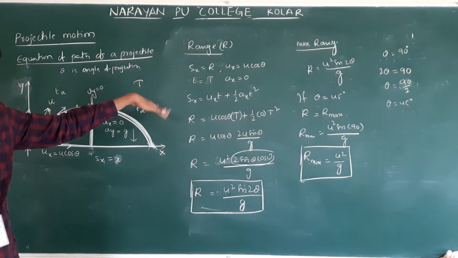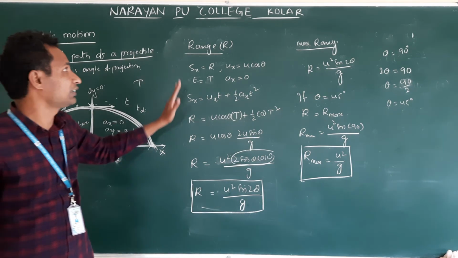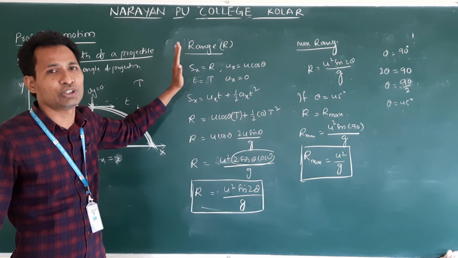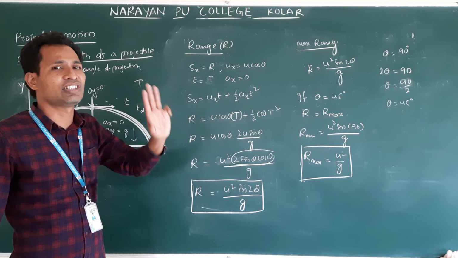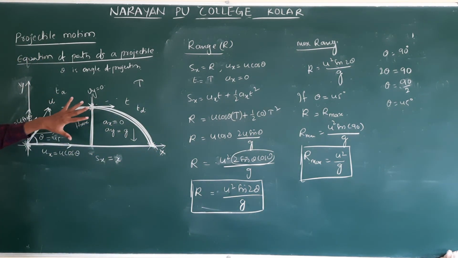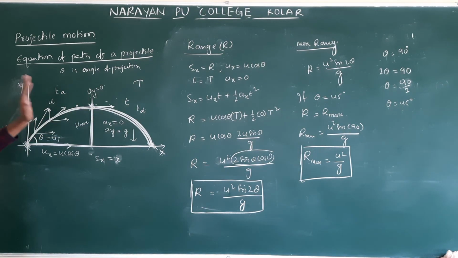That derivation is for 5 marks. These are all time of flight, range, maximum height. This we do expect for 3 marks. Understand? 3 marks question. But for all 4 derivations, the figure is the same. So practice the figure properly. Understand? So make a note on this.